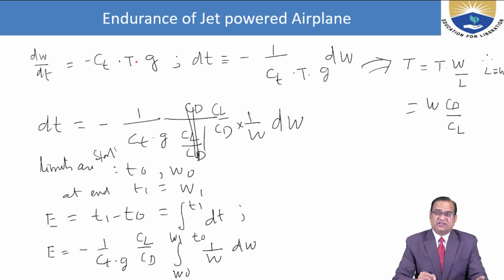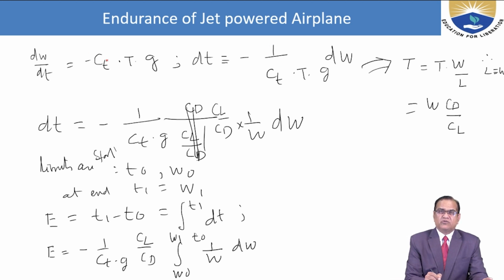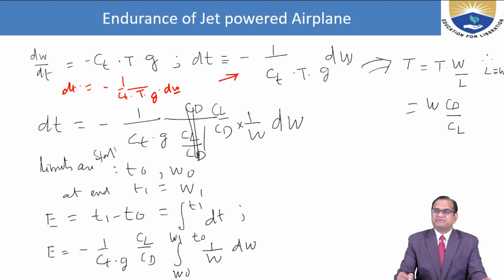T is thrust, g is gravity. So we can write dt is equal to minus 1 by Ct into T into g into dW. So this we have mentioned here.